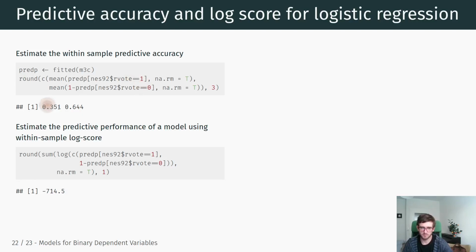Here we would get, for example, 0.351 and 0.644. This means basically the average predicted probability of a 1 among observations that turned out to vote for the Republican candidate is around 0.35, and the average predicted probability among observations that voted Democratic was around 0.64.